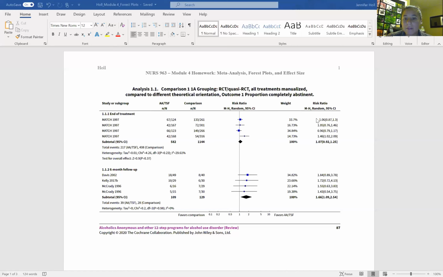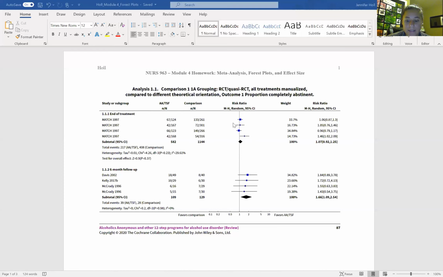Right? And then the next thing to look at is this risk ratio right here. So this is the p-value and this is the confidence interval for each one of these studies. And that information is represented visually here with this graphic. And so the first thing to look at is where each one of these lines end.